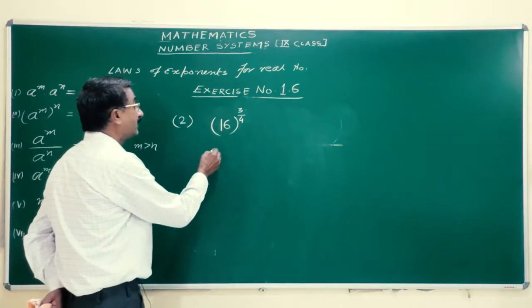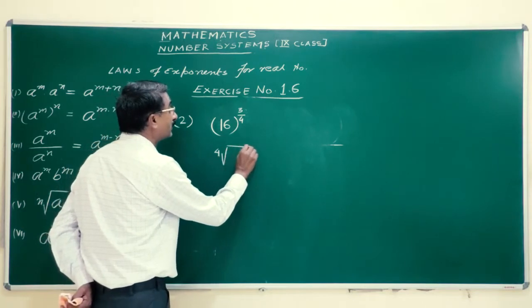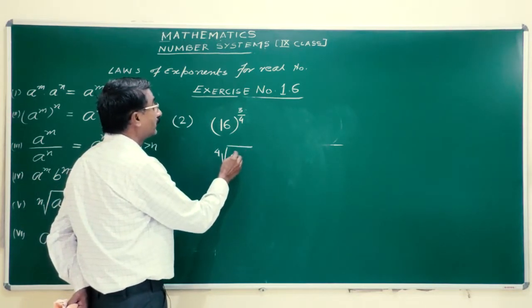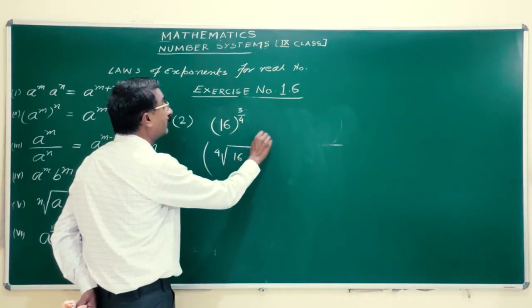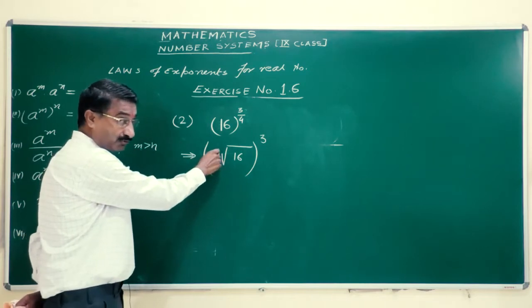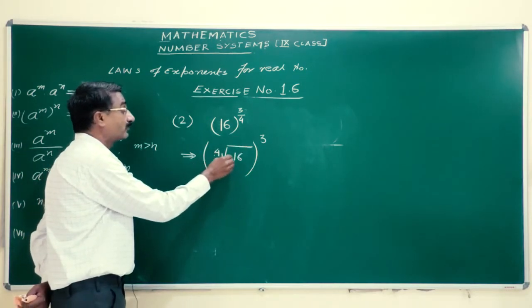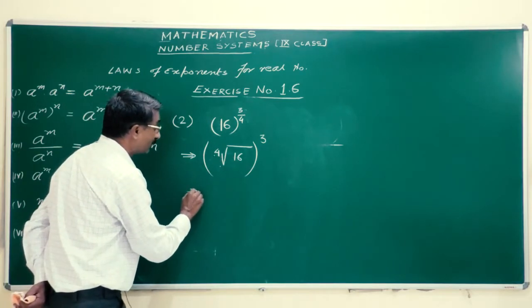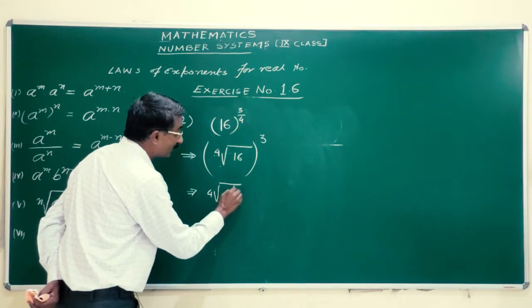We have to convert it according to the identity, that is the fourth root of 16, whole cube, correct? So, this is the fourth root of 16, whole raised to the power 3. So, 16 is 2 raised to the power 4.